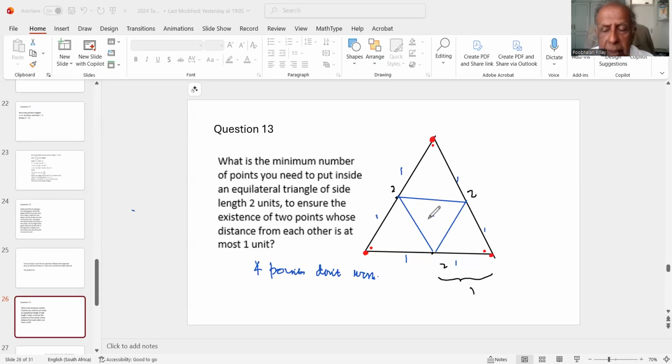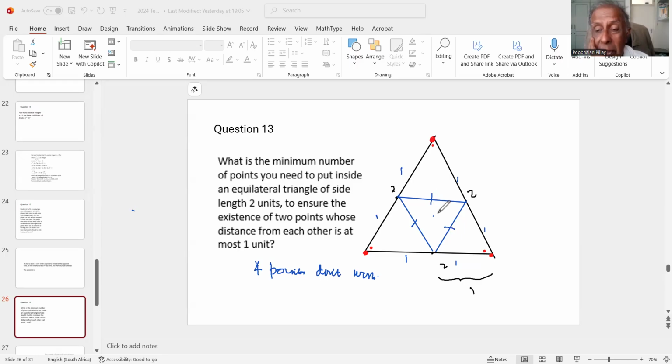It's easy to show that because this is 60 degrees, you see, and you got an isosceles triangle. So all these are all one. Okay. Now, if I look for 5 points, you only got four triangles.